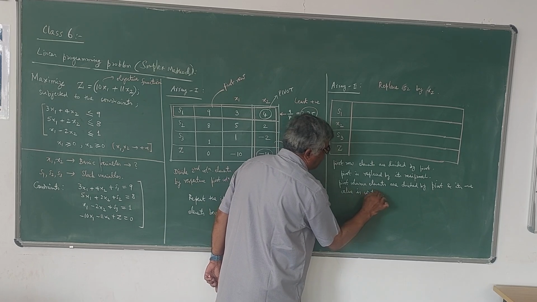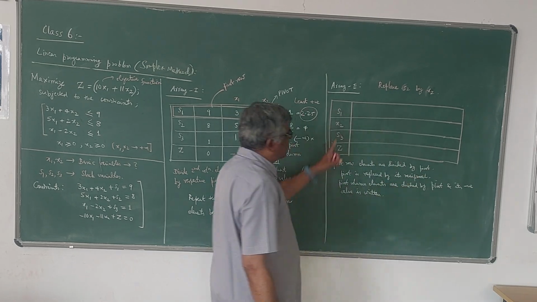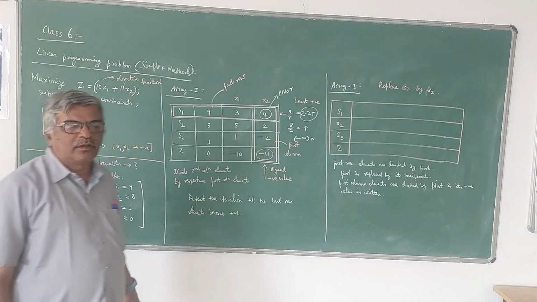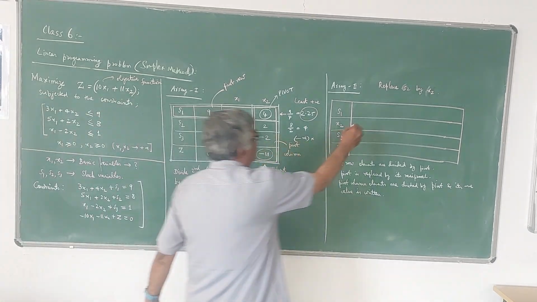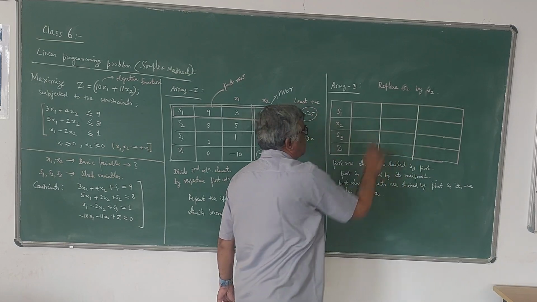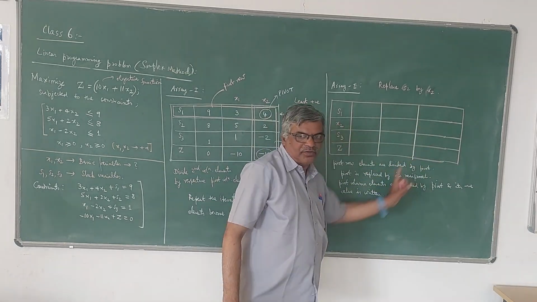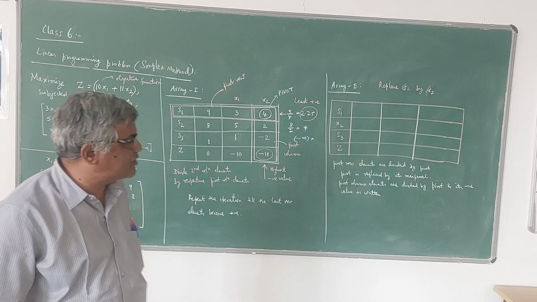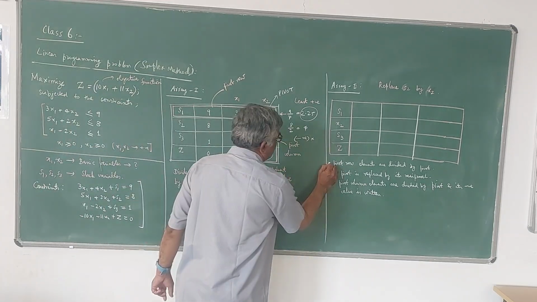See, these 3 points you keep in mind to get the second table. Once again there will be 4 columns here, 1, 2, 3, 4. Now we have to fill all these elements, and to do that we follow these 3 points.